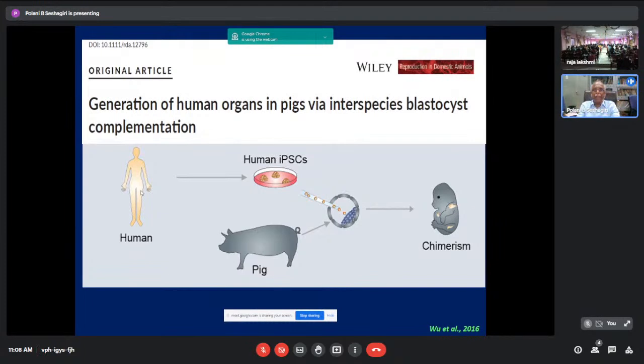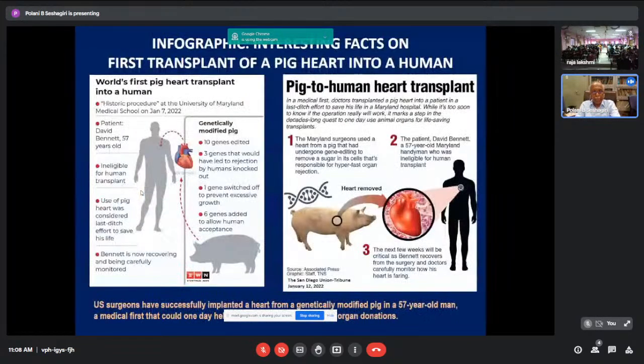And therefore, if that organ is transplanted, the possibility of it being rejected is low, and the possibility of long-time survival of that organ, and therefore survival of the individual, is very, very high. And that's a big approach. In fact, that was shown about a year back in a human.